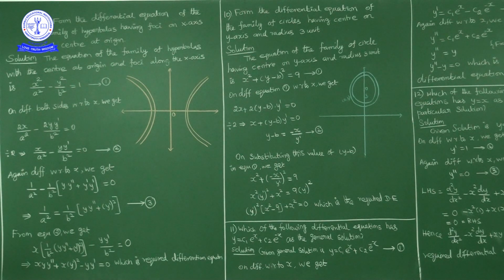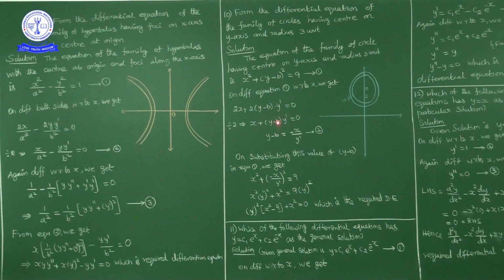So the equation is x² + (y − b)² = 3². Here we have arbitrary constant b, and we have to eliminate it. Differentiating with respect to x on both sides, x² derivative 2x plus (y − b)² derivative 2(y − b)y' is equal to 9, constant derivative 0. Taking 2 common and cross multiplying.